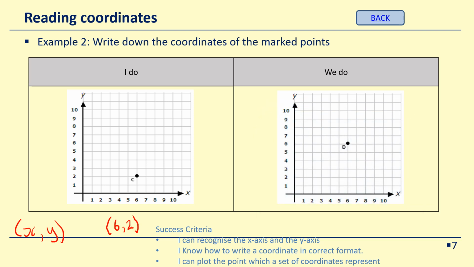Pause the video until you do it, and then unpause it when you want the answer. So you should have now got 6 across and 6 up. So both coordinates are 6. So it's 6, 6.